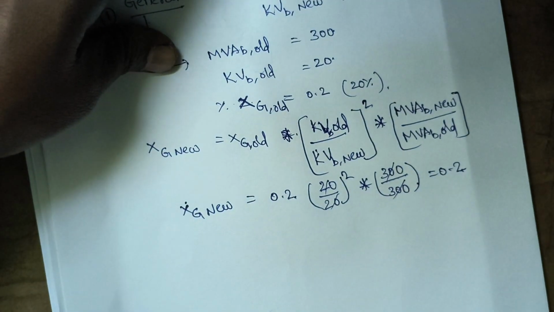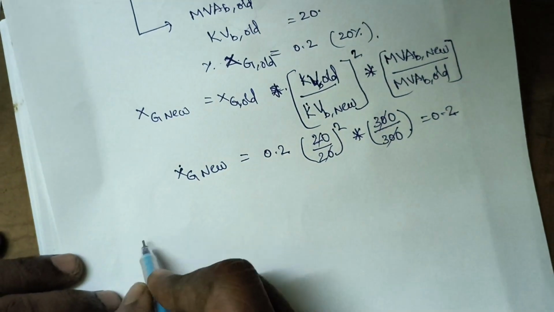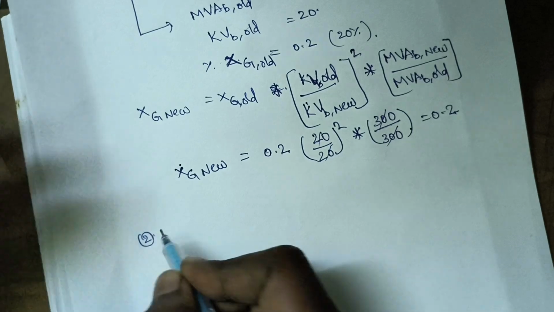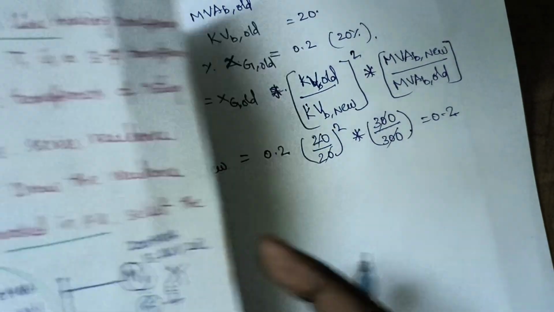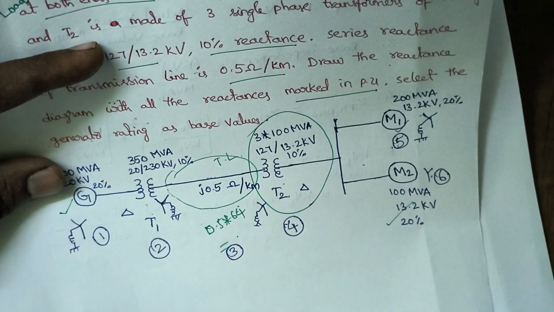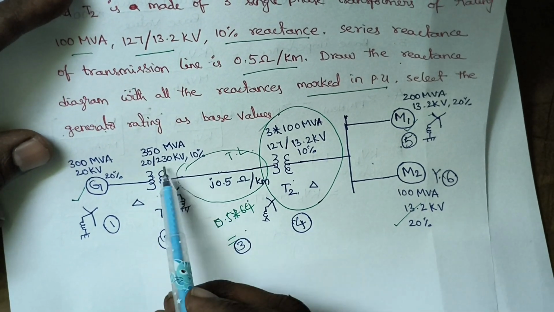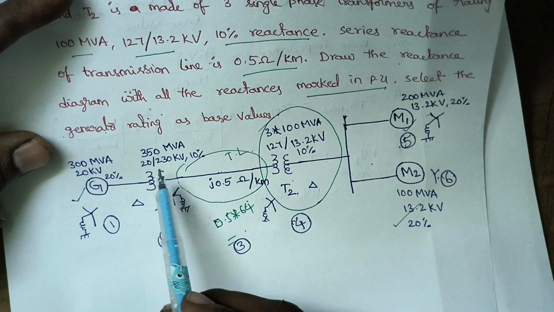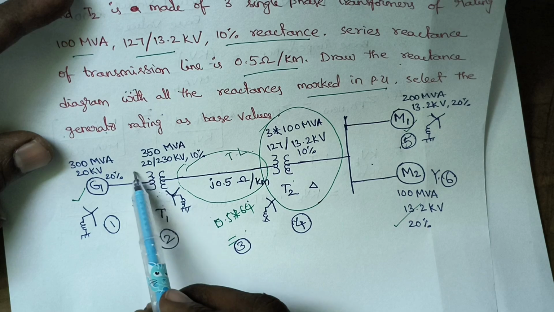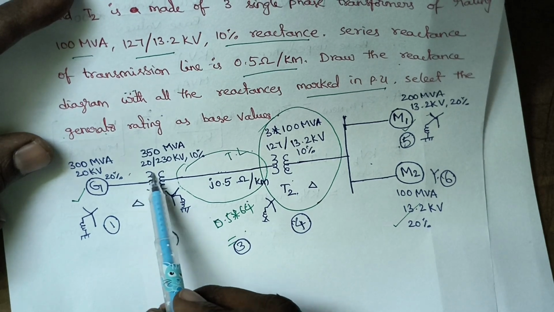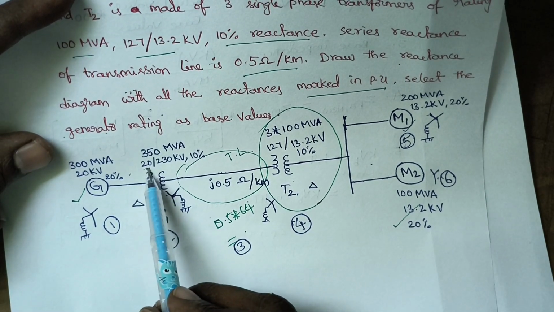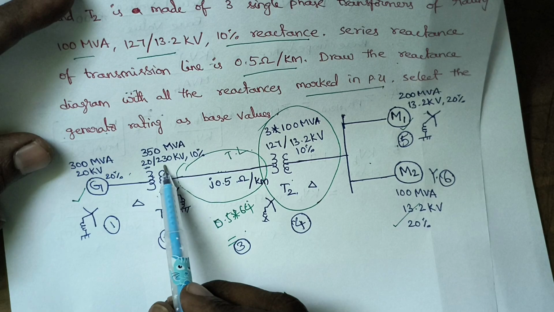Next, what is the second component? Let us see the diagram once again. Here the second component is transformer T2. What is the rating of this transformer? The rating of the transformer I am going to find on the primary side. Primary side is the LV side, 20 by 230 kV.